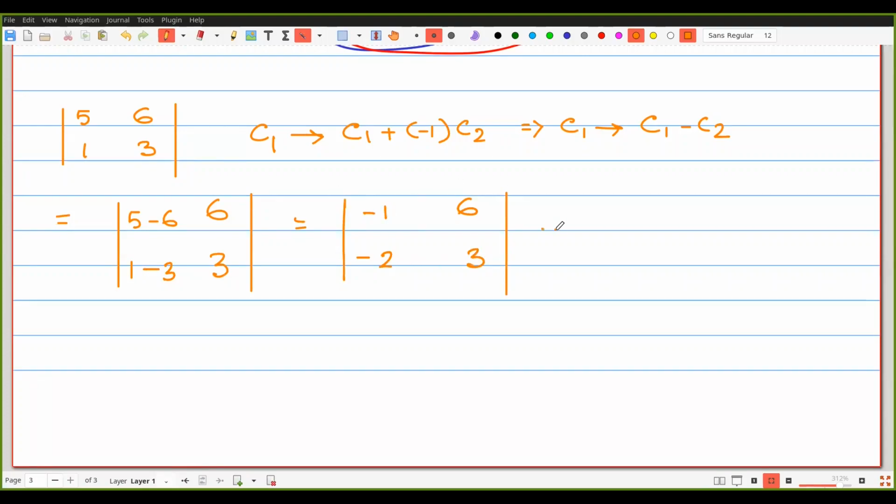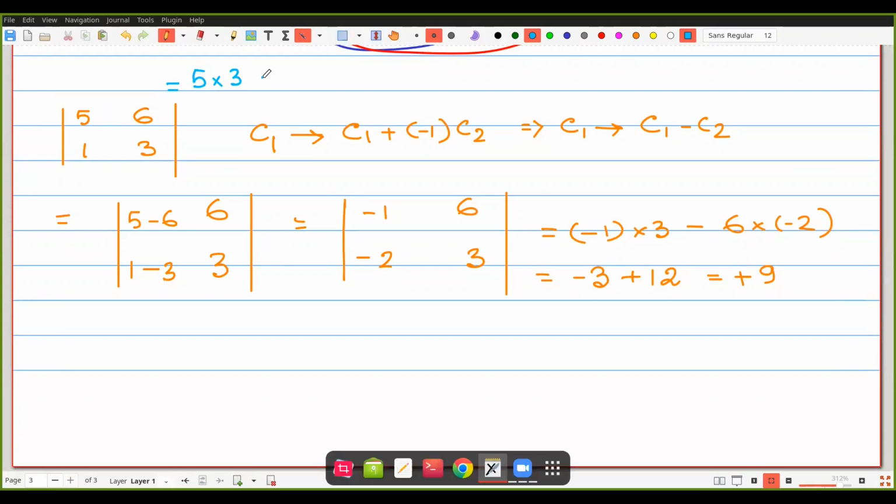Let's check the value of that one. That is minus 1 into 3 minus 6 into minus 2, so minus 3 plus 12, that means plus 9.